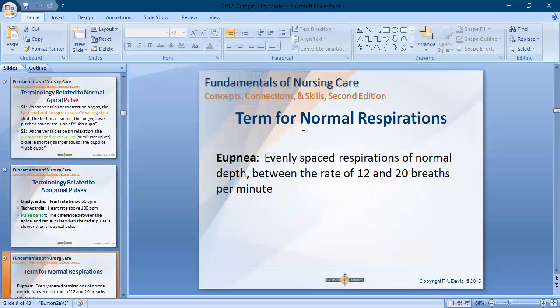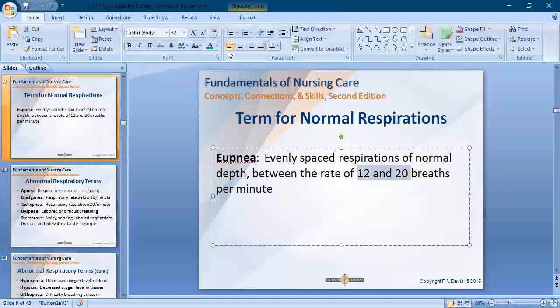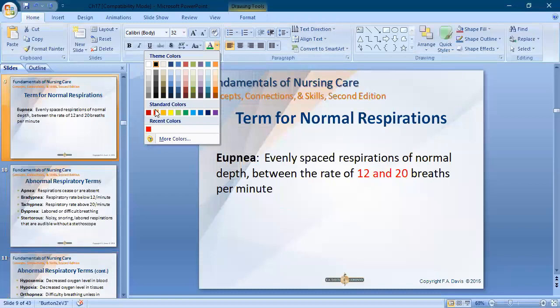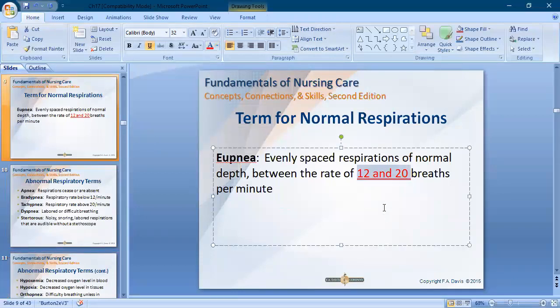So here are some terms for normal respiration. Normal respiratory rate is called eupnea, right? Eupnea means a normal respiratory rate of 12 to 20 breaths per minute. But keep in mind, some books say 16 to 24. Both are correct. And the board will not give these two together.